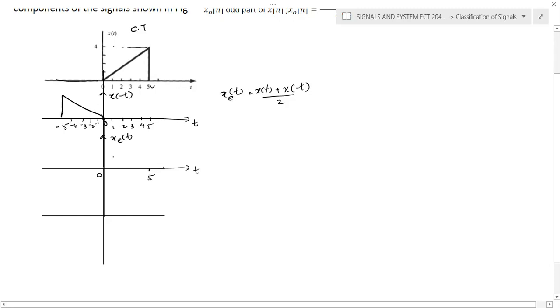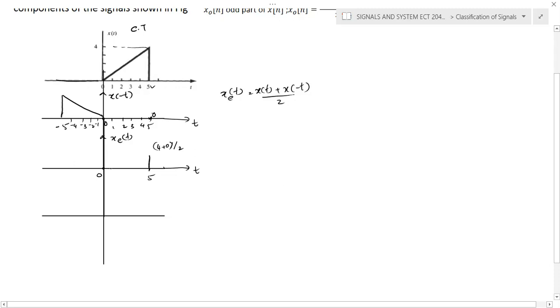For example, at 0 the function magnitude is 0. So 0 plus 0 by 2, so you'll get 0 itself. At 5 we can see that the signal value is 4 and here it is 0. So if you add these two amplitudes at 5, 4 plus 0 by 2, so you will get 2.